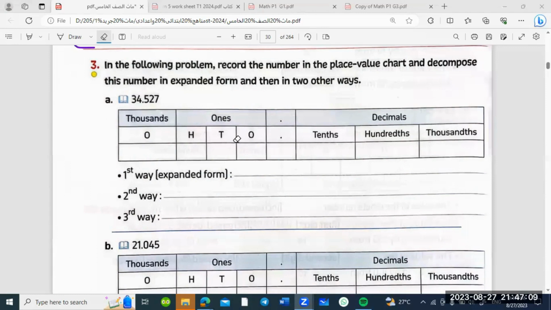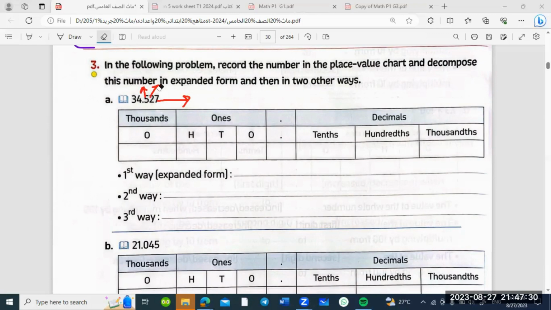The first, we will use the expanded form. The expanded form is to take each digit in your number and write it with its value. Do you remember that? When we take 7 and write its value, take 2 and write its value, take 5 and write its value.